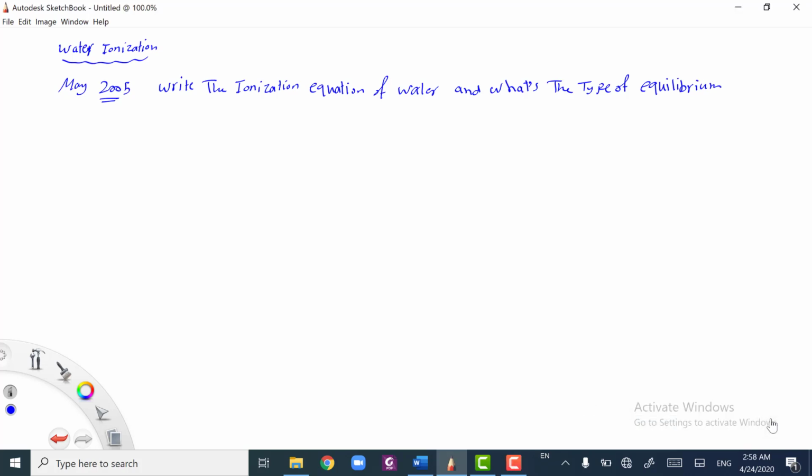Okay, the dissociation of the water will be H2O liquid. The reaction goes forward and backward, giving us hydronium ion or H positive plus OH negative, aqueous and aqueous. Since the water is a weak electrolyte, the type of equilibrium in this case is ionic equilibrium.